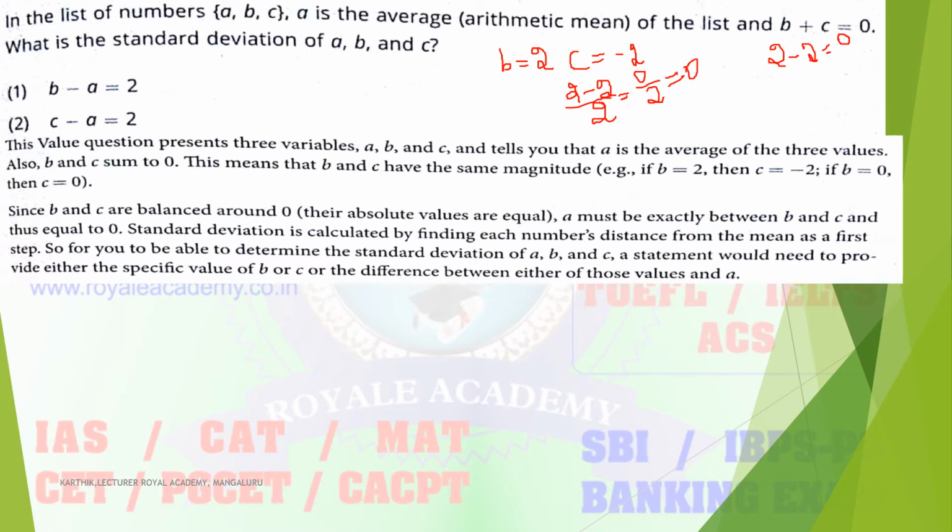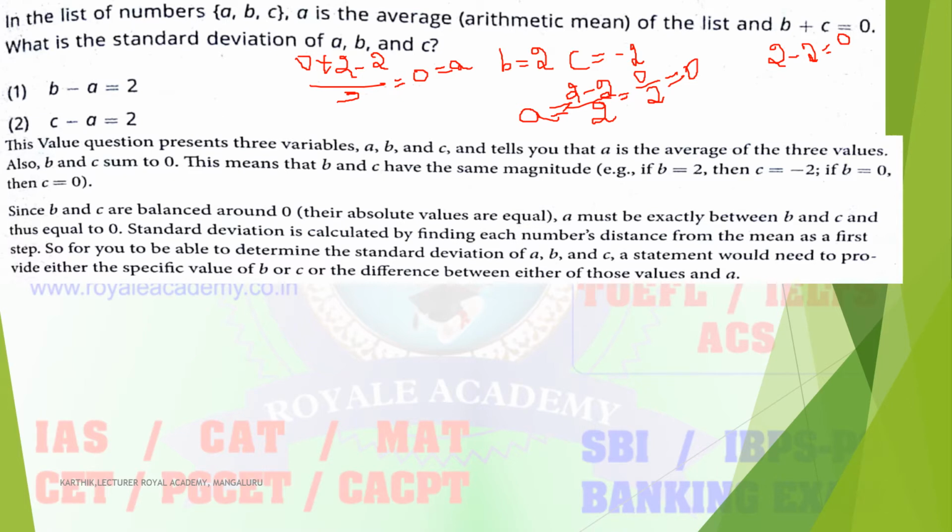So the value of A is 0. Now 0 plus 2 minus 2 divided by 3 gives you 0 only. So the value of A is 0.